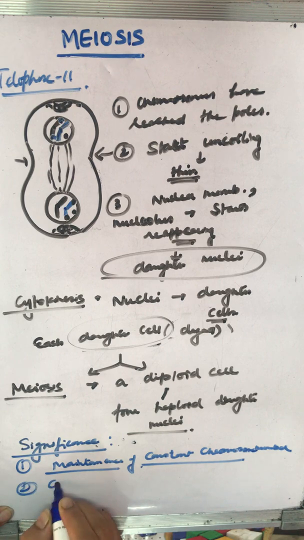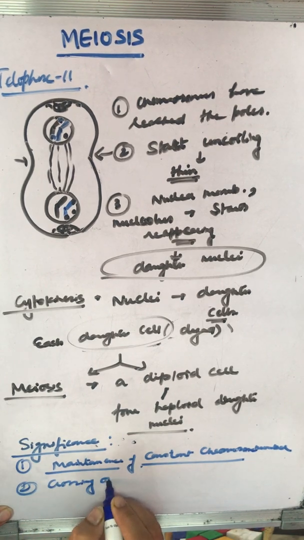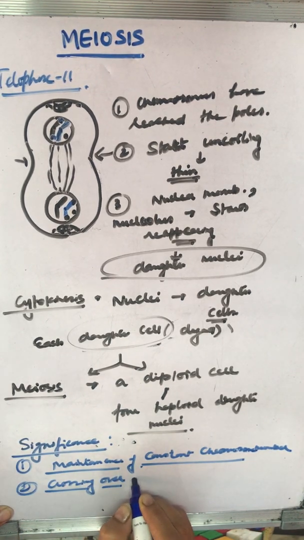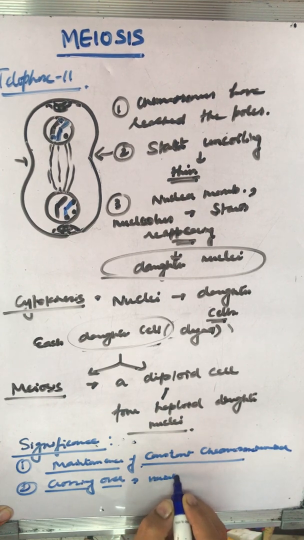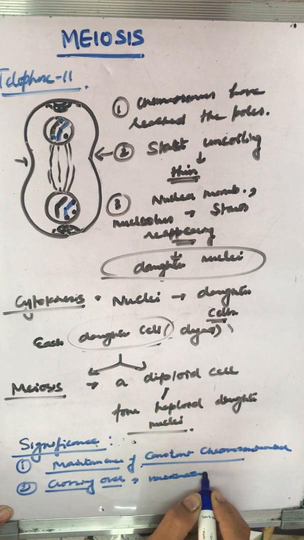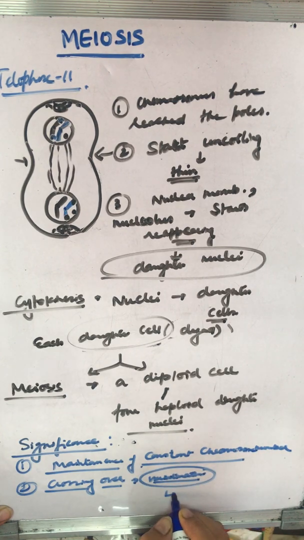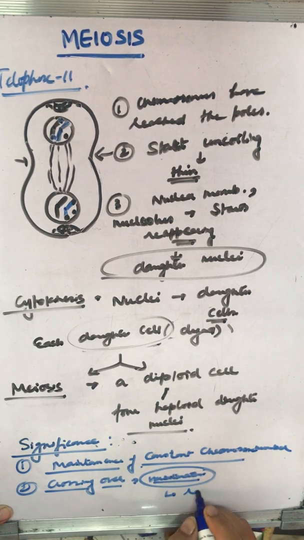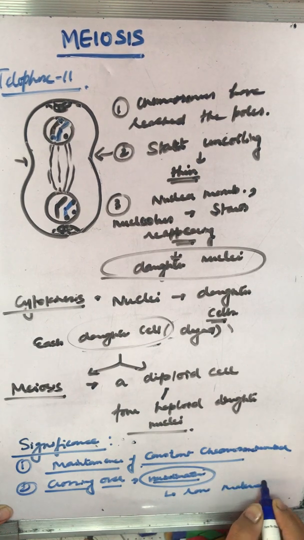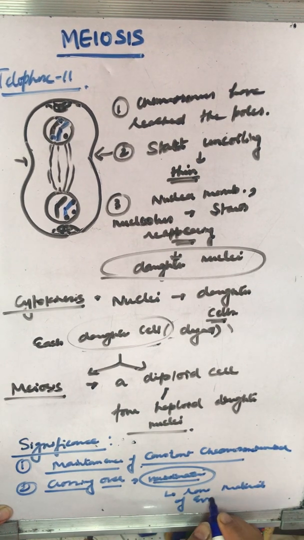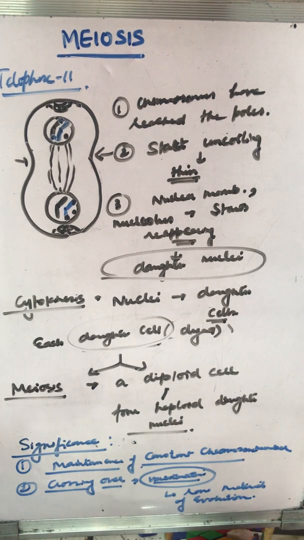Number 2. Whenever the crossing over takes place, this crossing over that has taken place, it introduces variations. Right? Variations in offsprings, and variations are always the raw material of evolution. Clear?